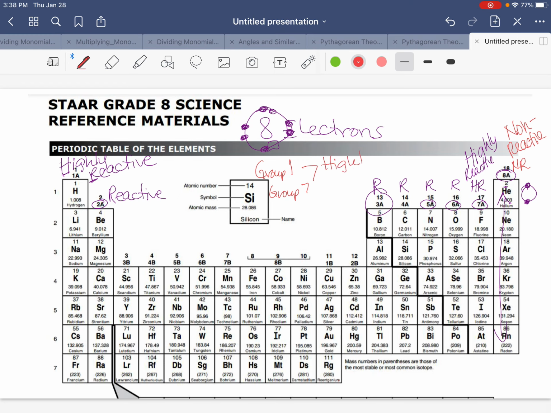They are highly reactive. And then the rest of the groups, group 2, group 13, 14, 15, 16, they are all just reactive. And then you've got group 18 down here that is non-reactive.